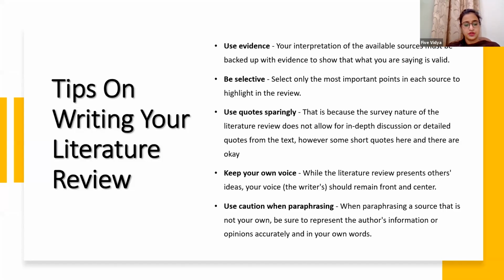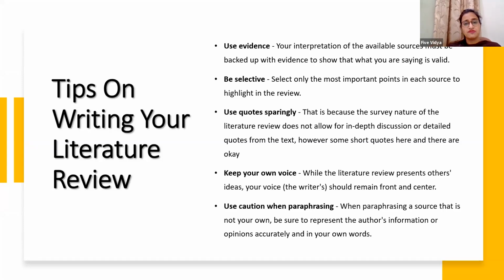Let's say you have taken particular data from a paper; when you write it in your research, you need to cite that paper, because that acts as evidence that whatever information you have written in your chapter is backed by someone and already researched by someone. So you need to provide evidence for whatever you are writing.